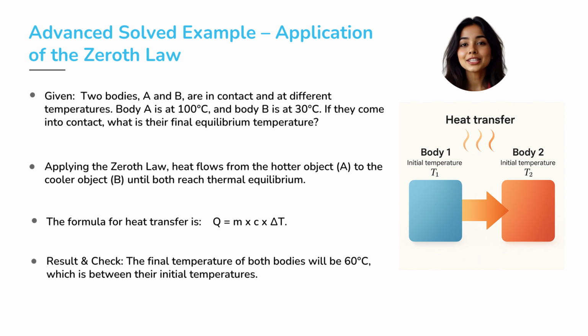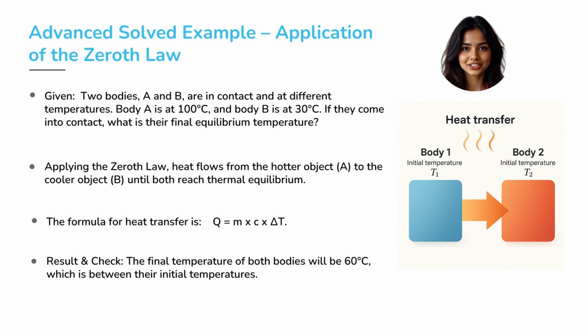Now, let's make things a little more interesting with a solved example. Imagine two bodies in thermal contact, one at 100 degrees Celsius and the other at 30 degrees Celsius. When these two bodies are allowed to exchange heat, they'll eventually reach thermal equilibrium. Using the Zeroth law, we can figure out their final temperature. Let's break it down step by step. We'll use the formula for heat transfer, Q = m * C * ΔT.